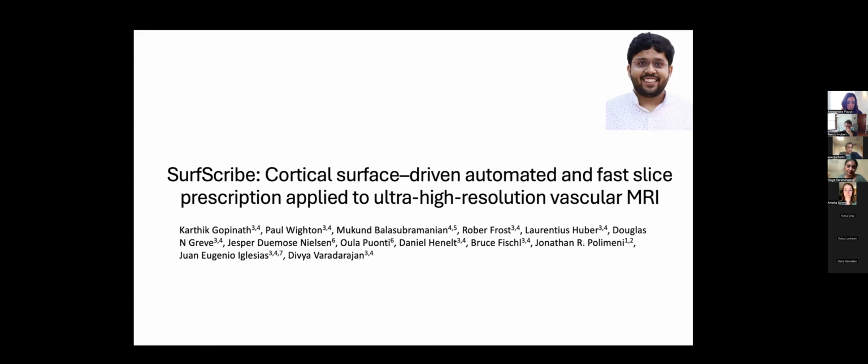The application that we're really focused on here is ultra high resolution vascular MRI. But honestly, this is more of a general approach, and we want to use ISMRM as a platform to discuss potential applications.